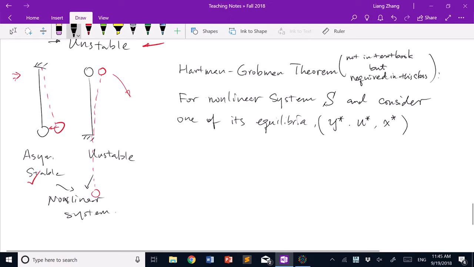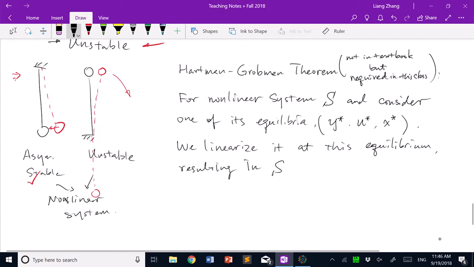So we have an equilibrium, and let's say we linearize at this equilibrium, and the linearized system is S sub linear.